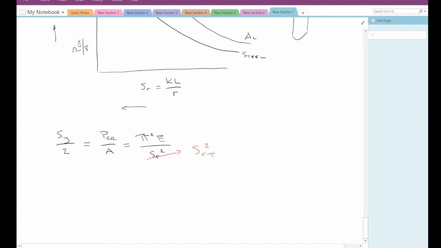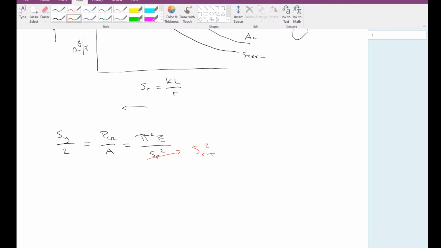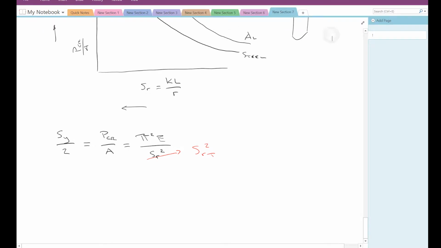So if we rearrange our formula to solve for our slenderness ratio in transition, we can say that it's equal to the square root of 2 times pi squared times the modulus of elasticity divided by our yield strength. And this is equation 6-8 in our textbook.